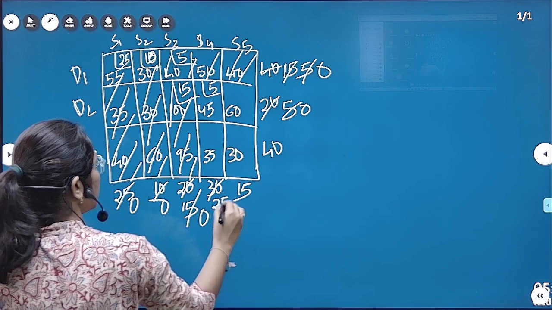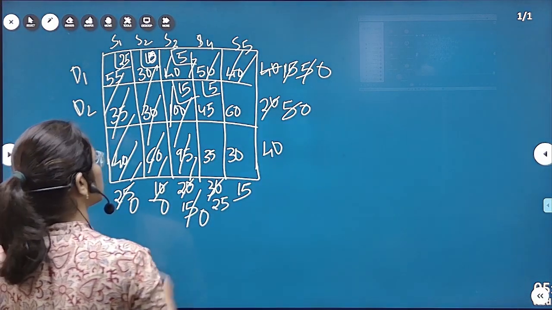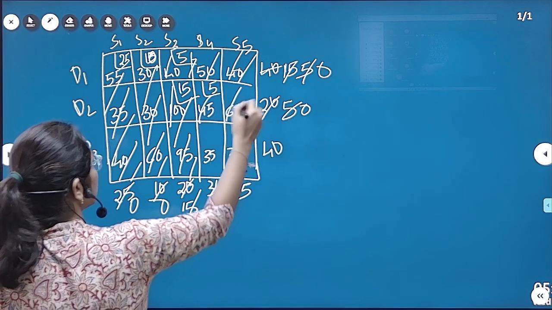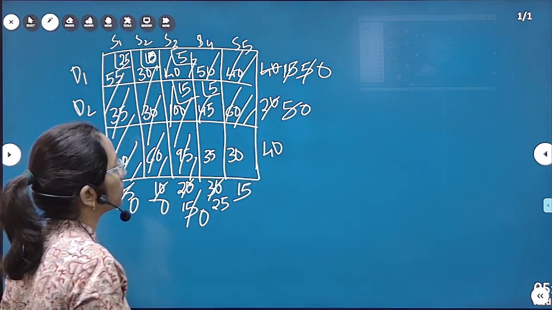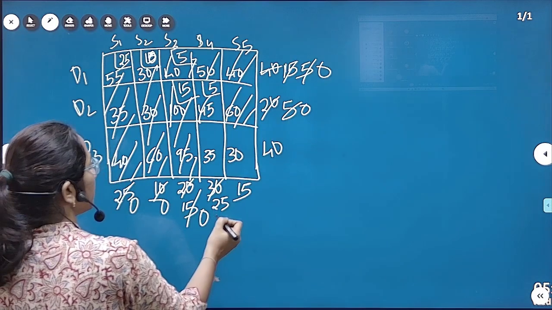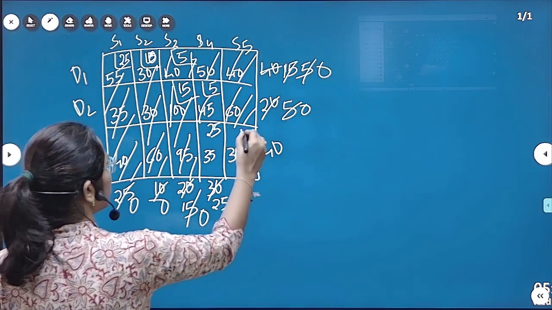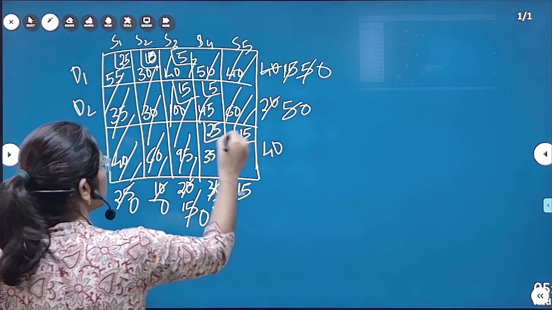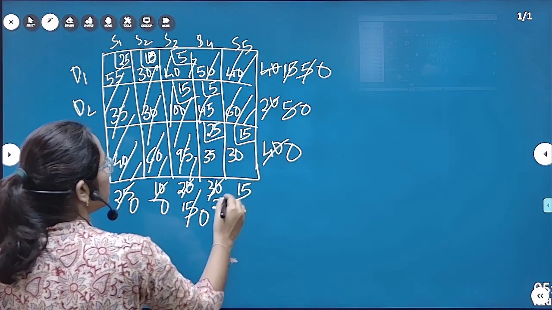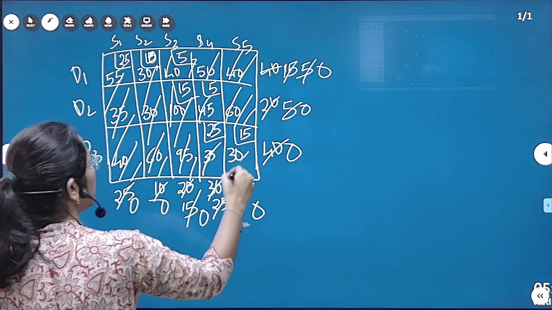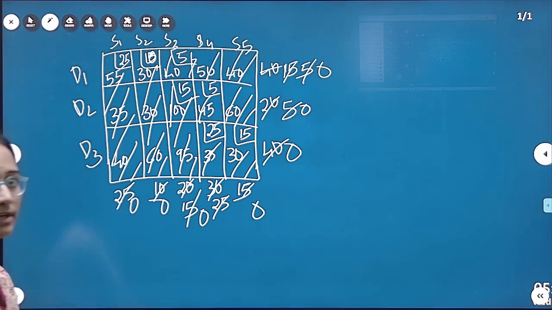Here you will be left with 25 units. Here it is 0, so cross it. Next, we have 25 units in S4 and 15 units in S5. So the total is 40 units. So everything got satisfied.